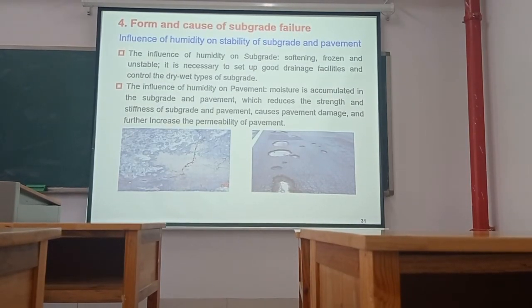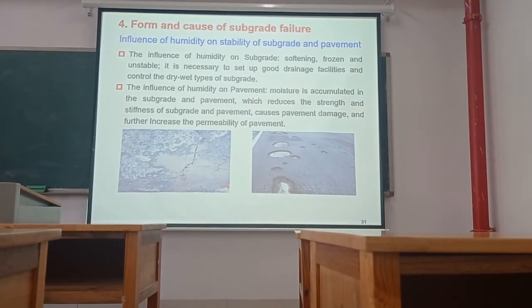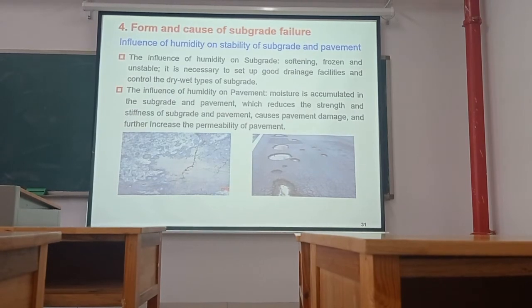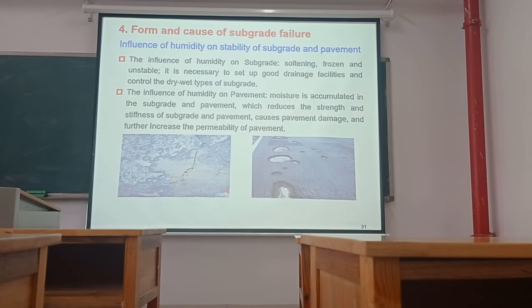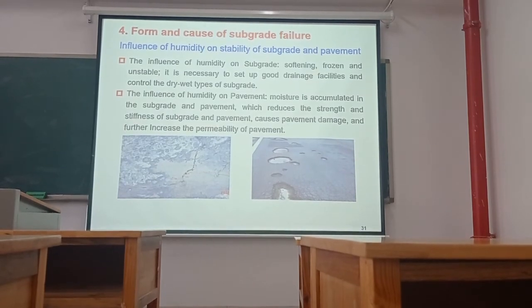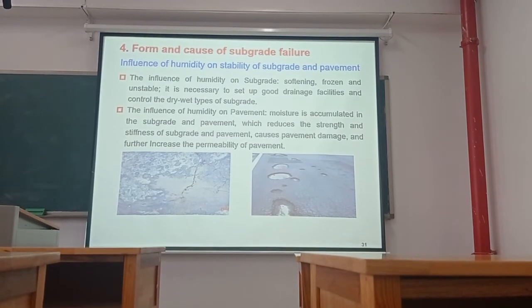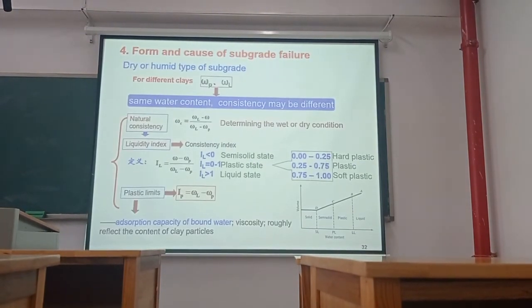The influence of humidity on pavement: moisture accumulated in the subgrade and pavement reduces the strength and stiffness of subgrade and pavement, causes pavement damage, and further increases the permeability of pavement. Dry or humid type of subgrade.